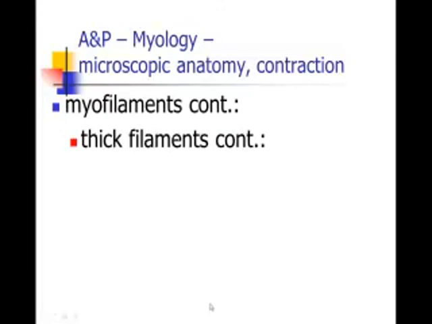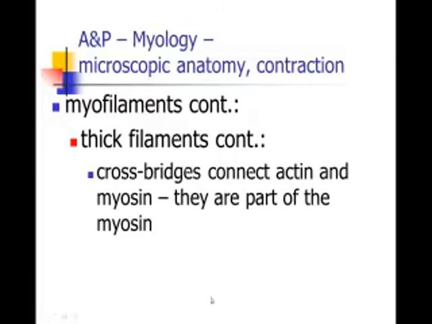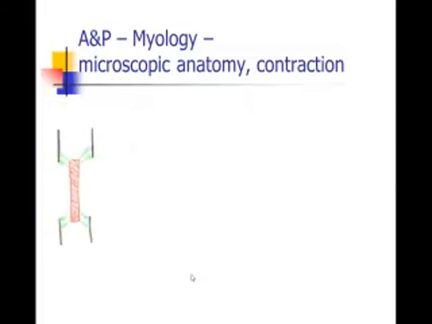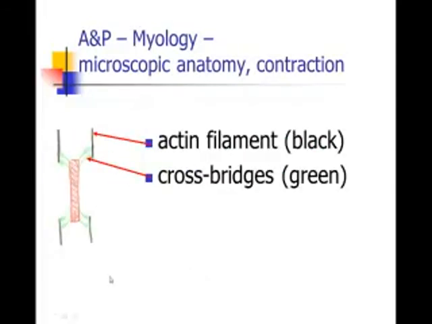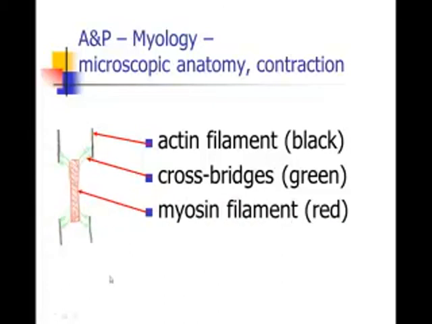So the cross bridges are going to connect the actin and myosin. The cross bridges are part of the myosin, and the head of the match is going to interact with the actin. So there's the actin filament. There are the cross bridges in green, and there is the myosin filament.